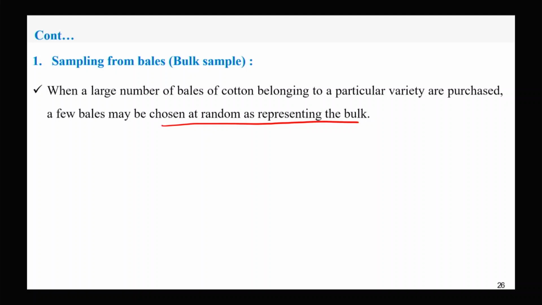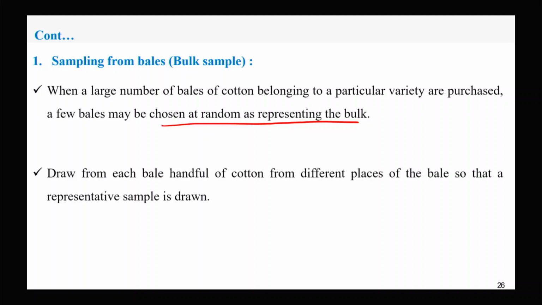So from the randomly selected bales, from each selected bale we will take a small quantity of specimen and then mix together. When we are using random numbers or random sampling, we are not introducing any biasness.